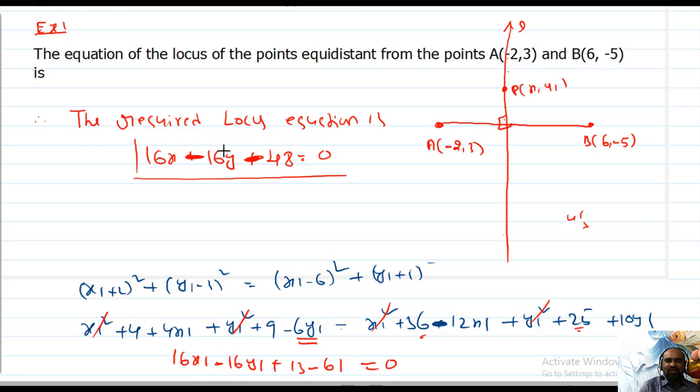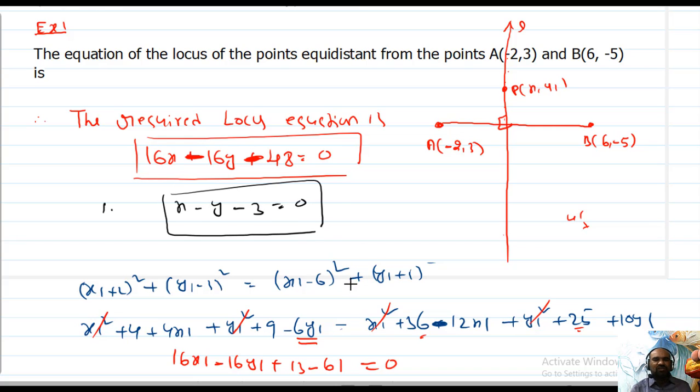This is the required locus equation, or more generally you can divide through by 16, that is I can say x minus y minus 3 equal to 0. This is the required equation of the locus.